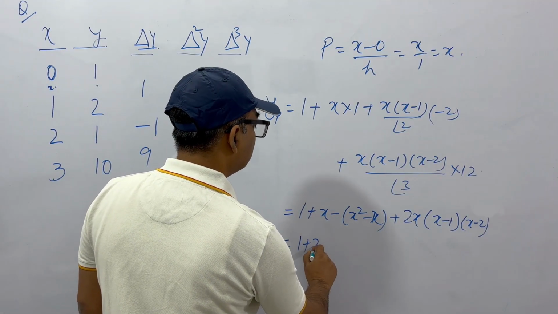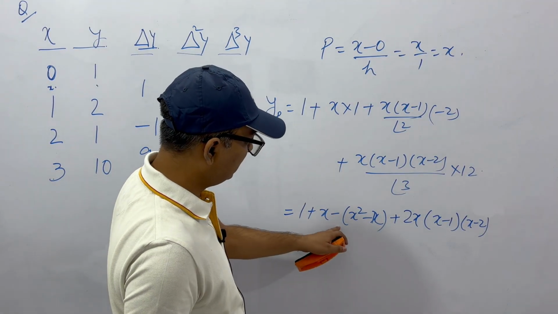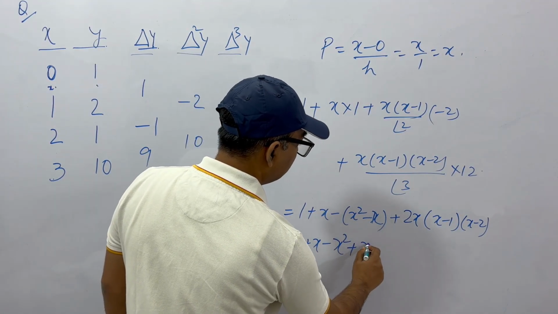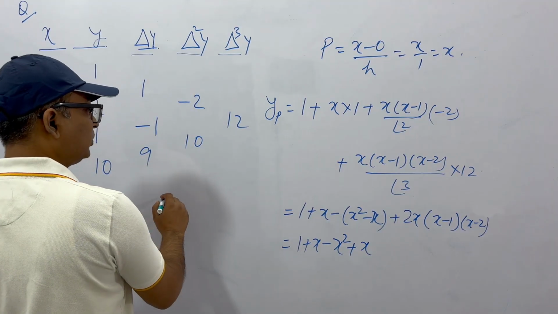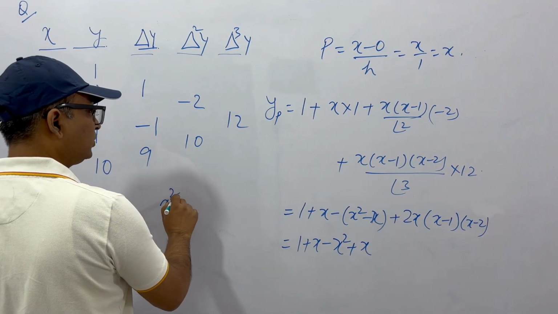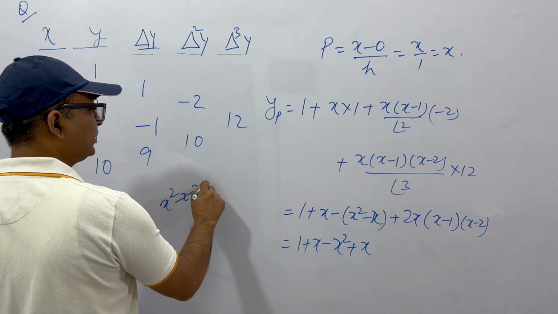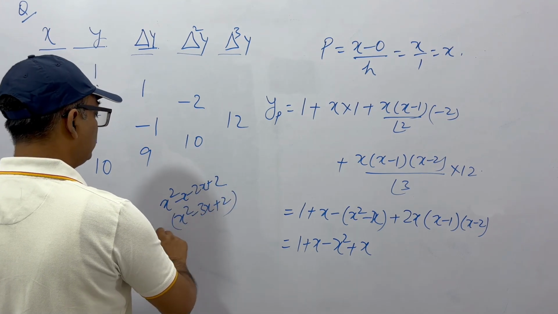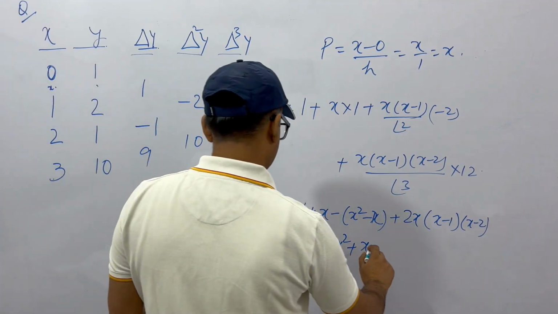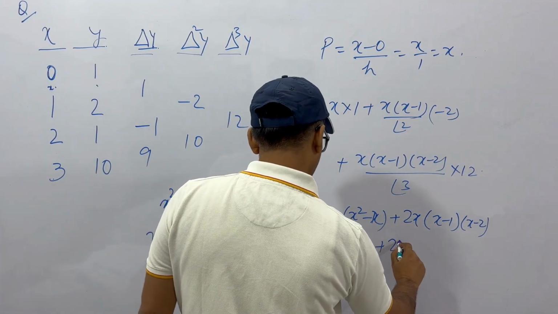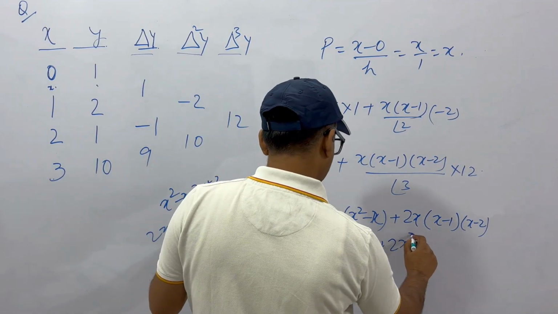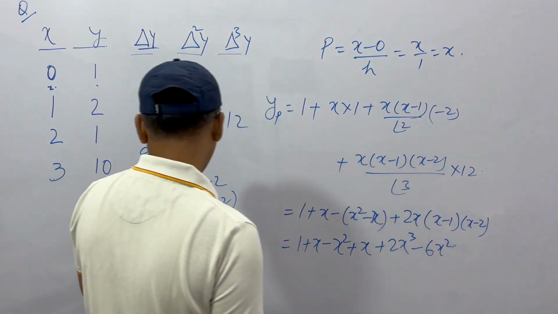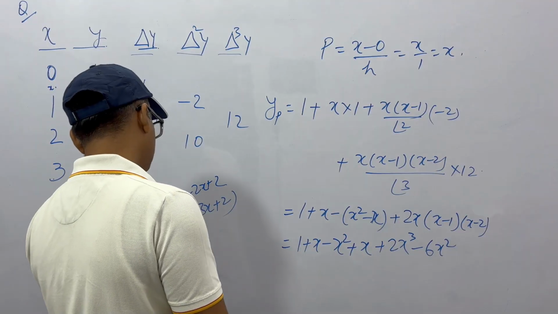This is 1 plus x minus x square plus x plus, let's see what is this, x minus 1 into x minus 2. So this will be x square minus x minus 2x plus 2. So this will be x square minus 3x plus 2 into 2x. So this is 2x cube minus 6x square plus 4x.